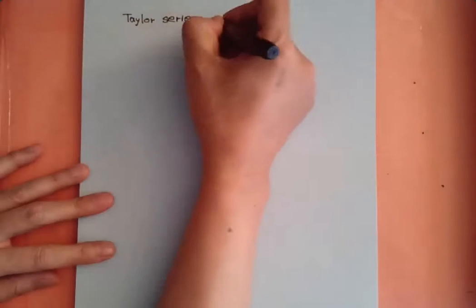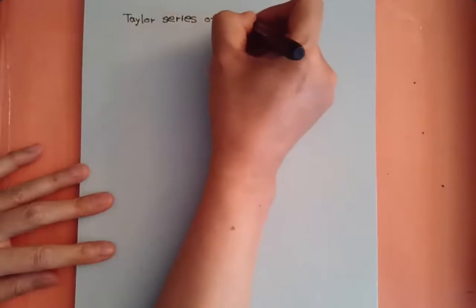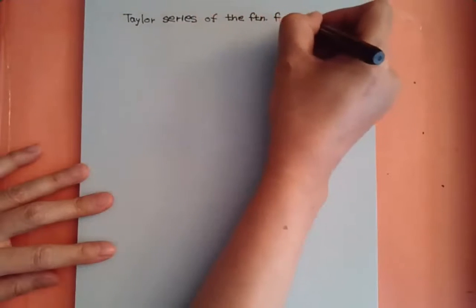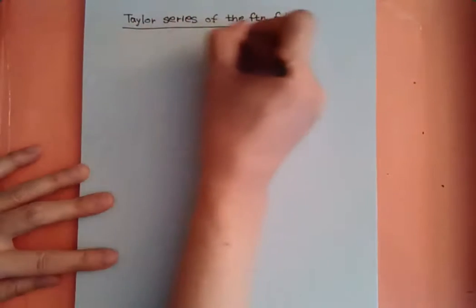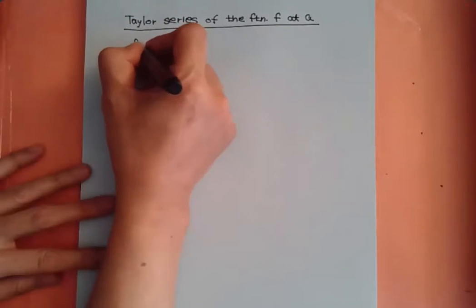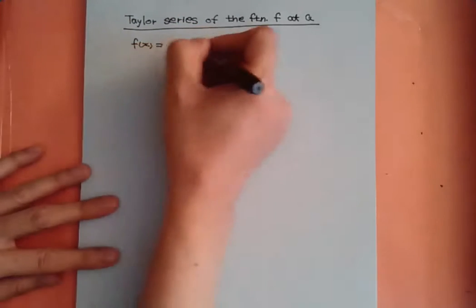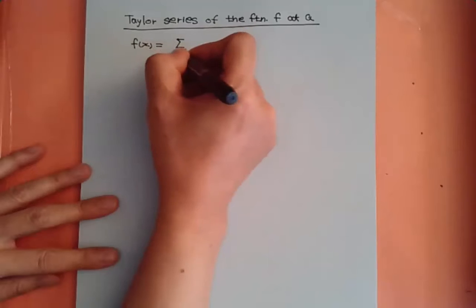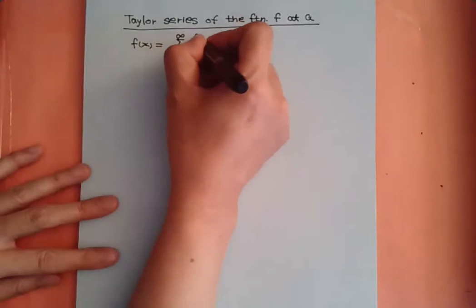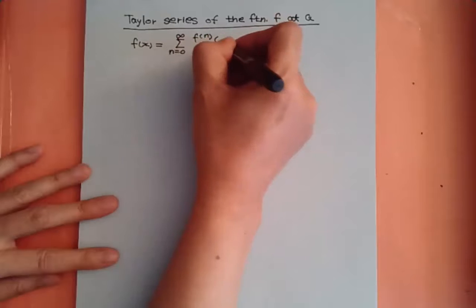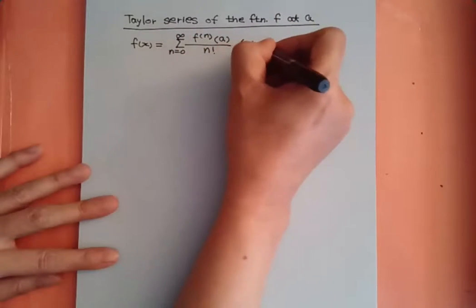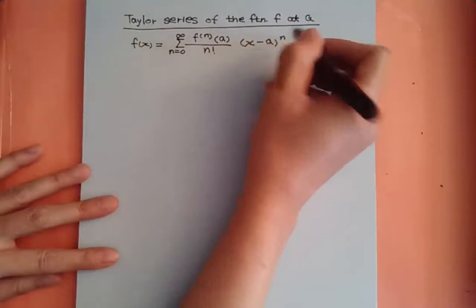Taylor series of the function f at the point a goes like this. f of x can be represented as the summation of the nth derivative of f at a over n factorial times x minus a to the n power.